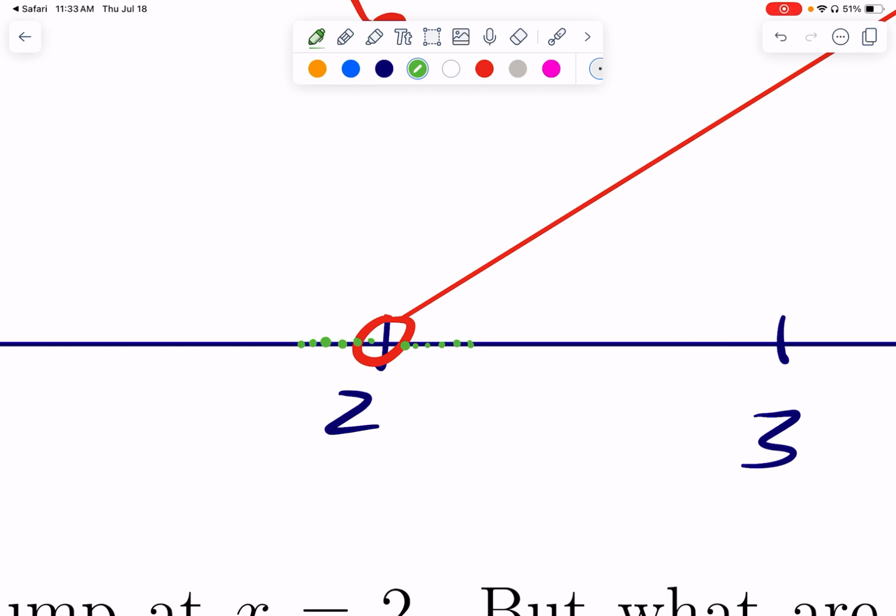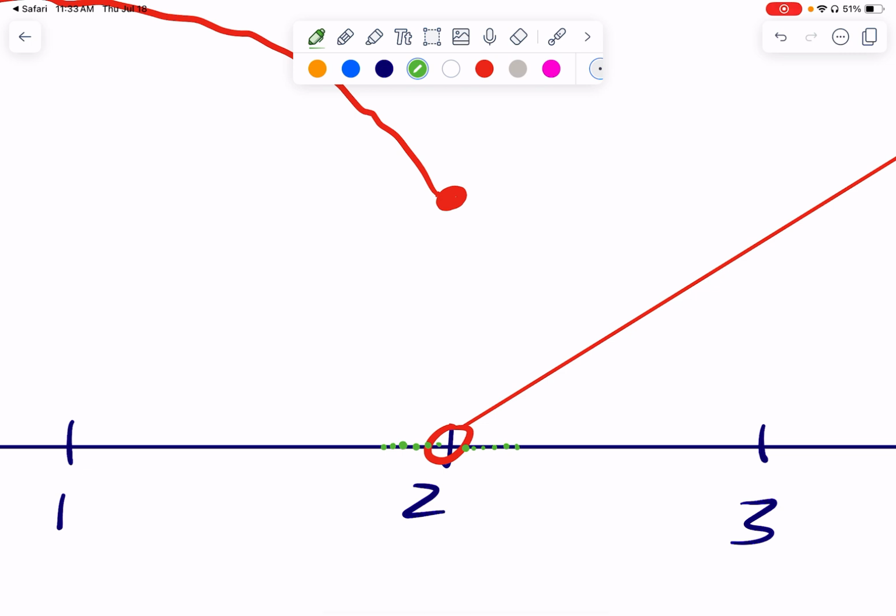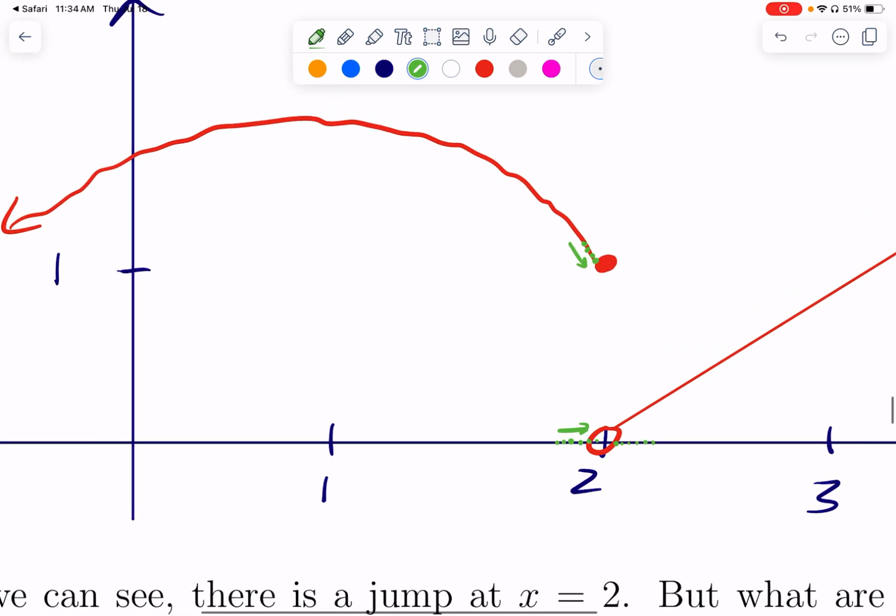Well, where are the corresponding points on the graph? Some of them are over here. All of these points that I've marked in green are points on the graph where x is close to 2. And in fact, as x is getting closer and closer to 2, we see that those y values are approaching 1. This point right here is at 2, 1.